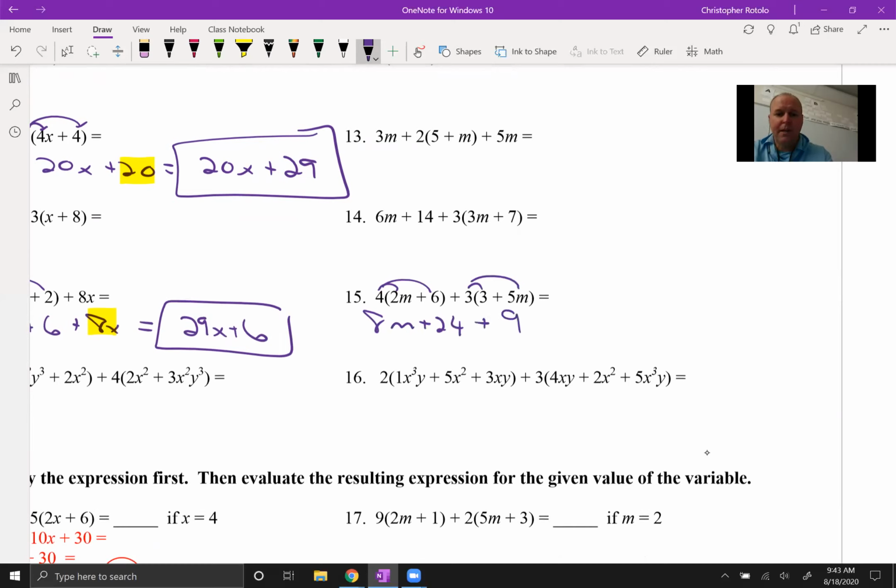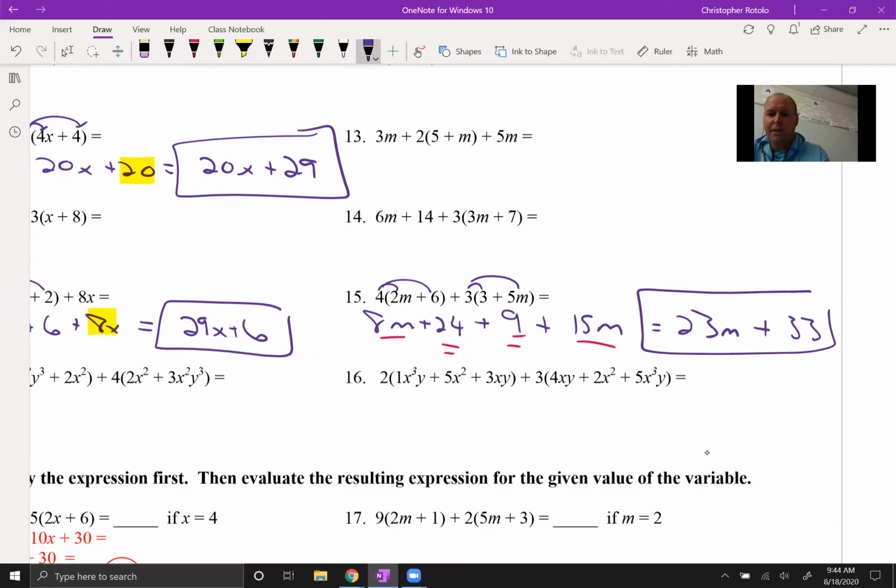So plus 9 plus 15m. And now I'm looking for like terms. One other strategy is to underline them, so I know these things go together. So I have 8m and 15m, so that's 23 with an m plus. We're going to end up at 33, giving us our final simplified answer.